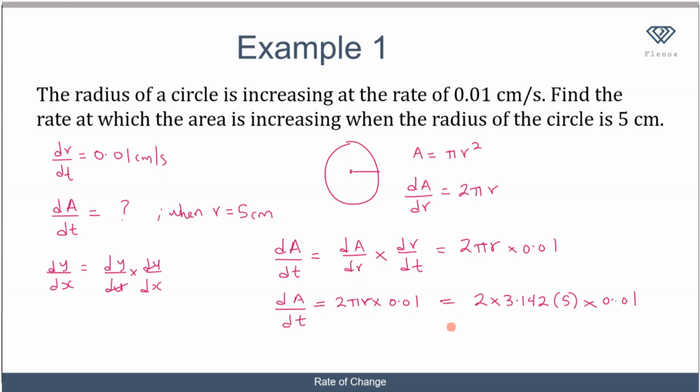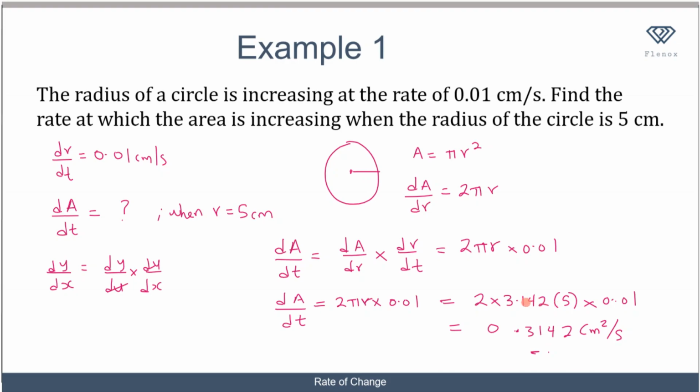When you punch this into your calculator, you get 0.3142, and the unit will be centimeter squared per second. The unit of area is centimeter squared, and the unit of time in this case is seconds. So to recap, what did we do?